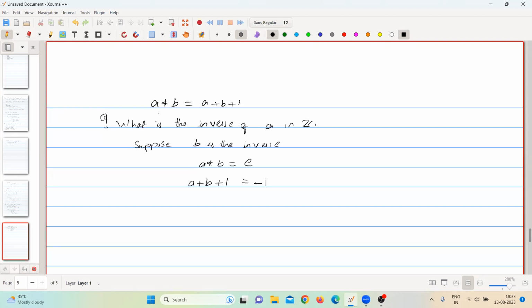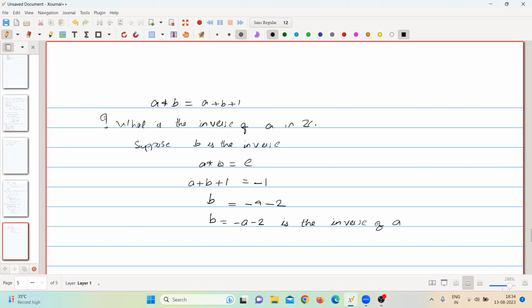So we need to find the inverse B of A. We will take B to this side. Here all the operations are the usual addition, so we take A to the other side: minus A minus 2. So B equal to minus A minus 2 is the inverse of A. Here also we can see the inverse depends on the operation.